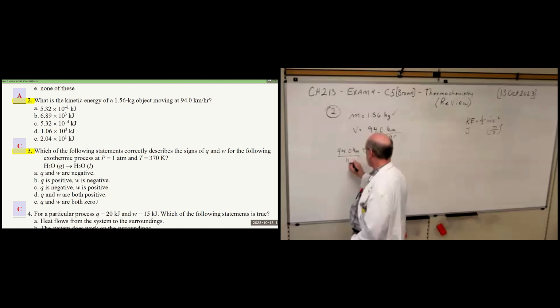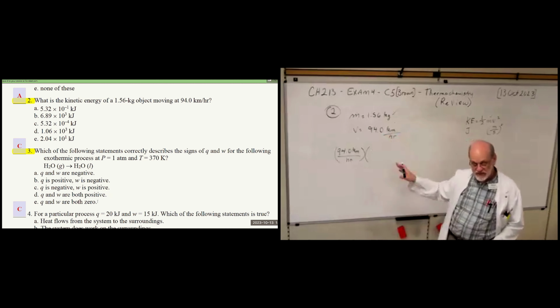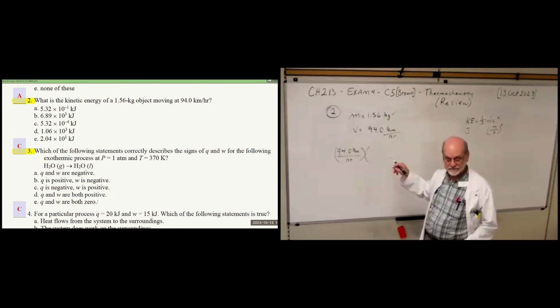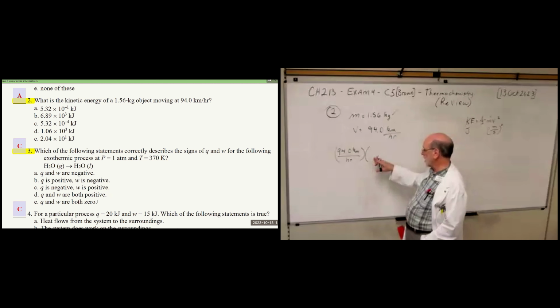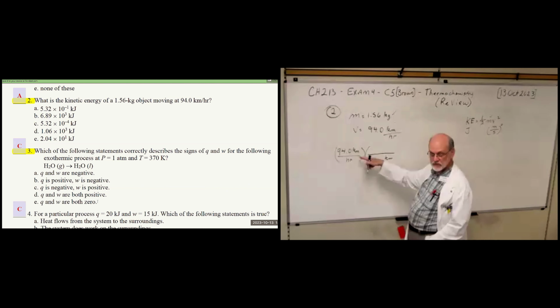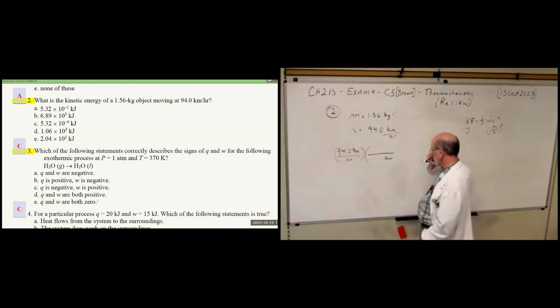Kilometers per hour. So remember, when we have 2 units that have to be changed, we do them one at a time. So let's do kilometers first. We've got to get rid of kilometers. It's in the denominator, so it'll cancel. And then we want meters in the numerator.